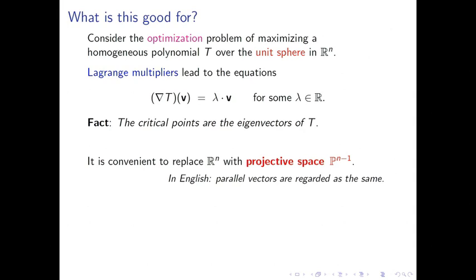So how do we solve this? Well, it's a constrained optimization problem, so let's write down a Lagrange multiplier formulation. And the Lagrange multiplier equations are exactly the eigenvector eigenvalue equations. Right? So if lambda is the Lagrange multiplier corresponding to this constraint, then the condition is that the gradient of t evaluated at a point v is lambda v. So the fact is the critical points are the eigenvectors of t.